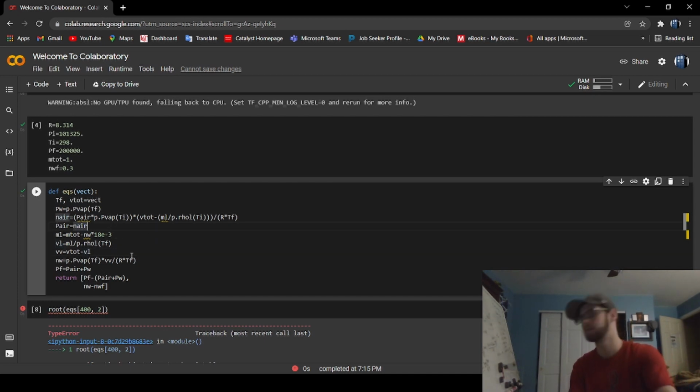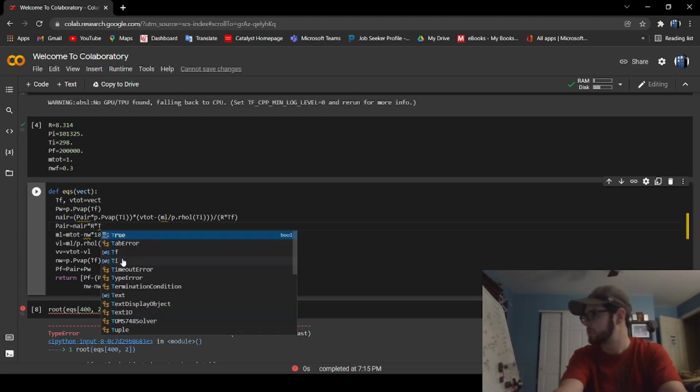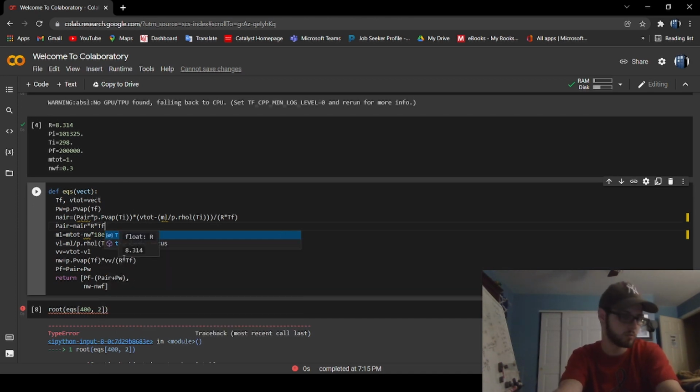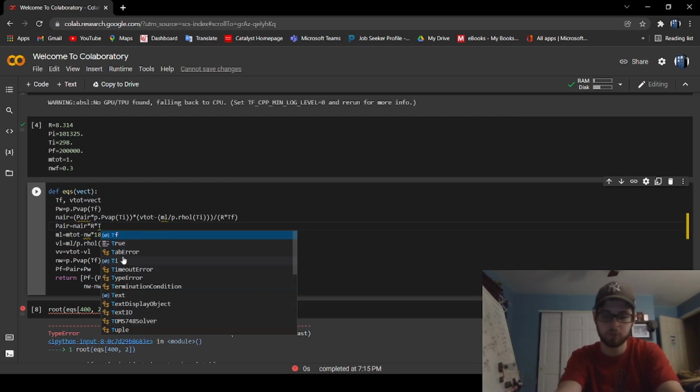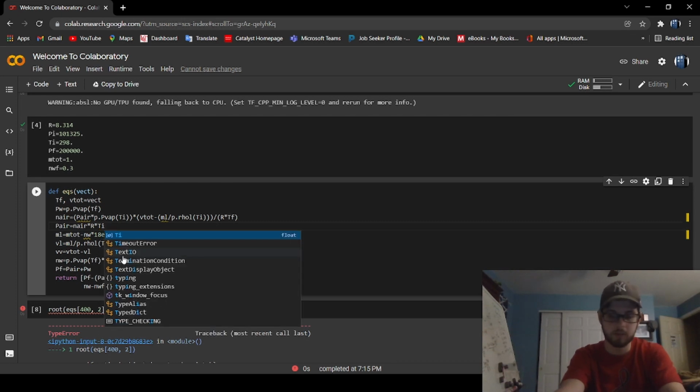Oh, pressure of air does not equal the number of moles of air. It's the number of moles of air times R times the final temperature. Initial temperature. We'll figure this out in a sec.